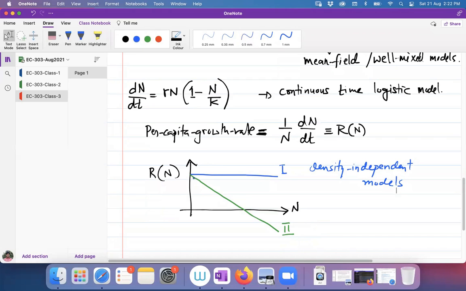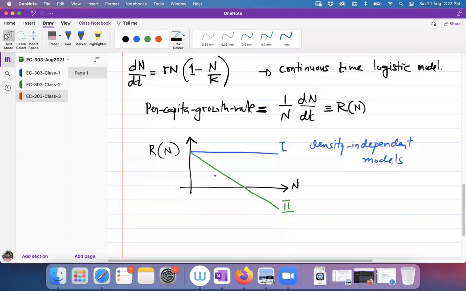Because as the number of individuals is increasing, the per capita growth rate can't remain the same, primarily because the resources will begin to reduce. And when does it happen? If we have strong intraspecific competition, that's one way, the predominant way by which these sorts of density dependence can arise. Okay, that was the idea.